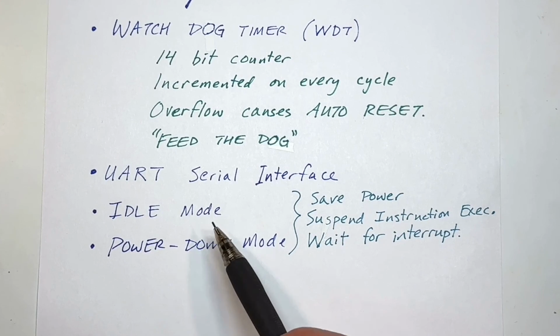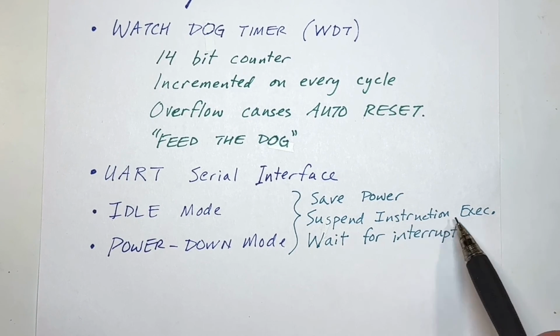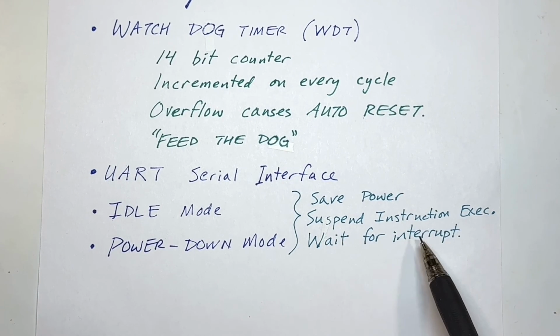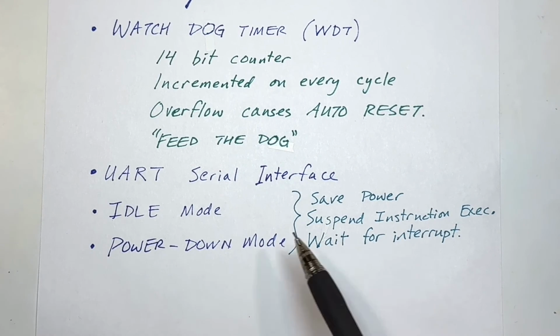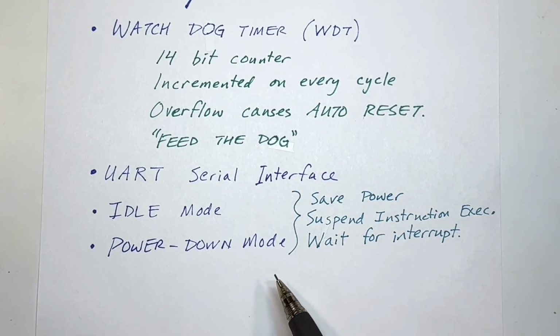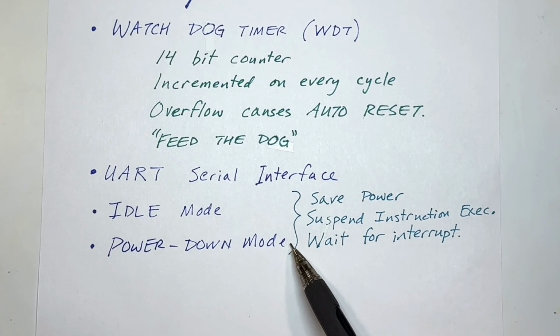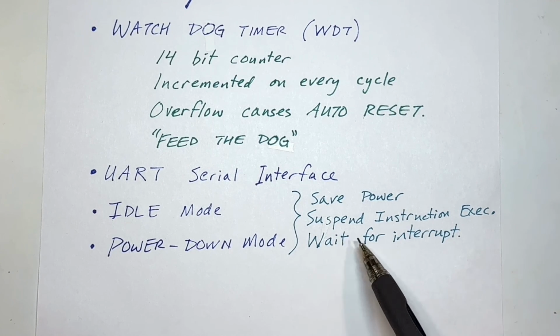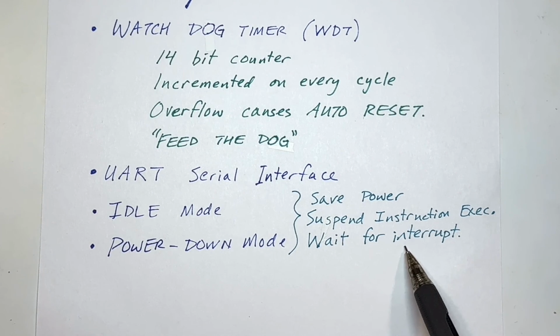Basically, going into one of these modes will suspend instruction execution, just waiting for the next interrupt. The difference between the two is that with idle mode, the counters will continue to run, but with power down mode, it's the lowest power mode possible, and basically the counters will stop and we'll just wait for an interrupt.